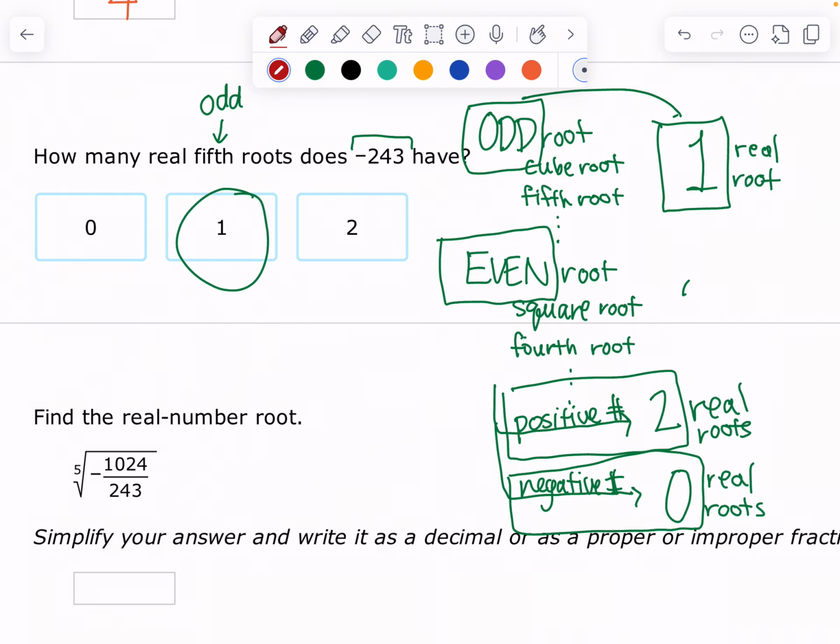And then for the next one, I will wait for a second. The next one, you're just typing this into Desmos. We're going to do CBRT, change the 3 to a 5, and then you're just going to do the 5th root of negative 1024 over 243, and that should give you negative 4 over 3.